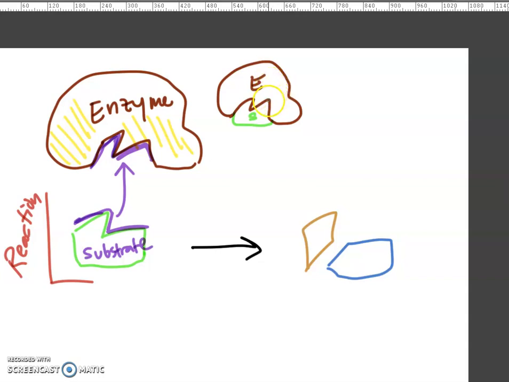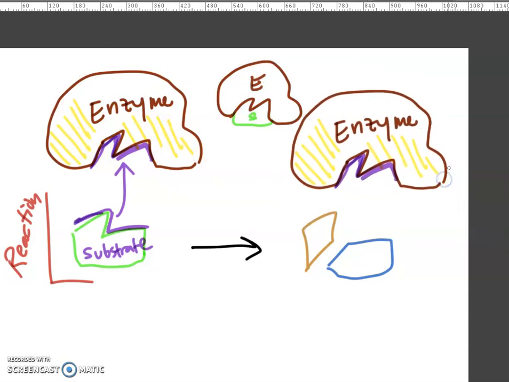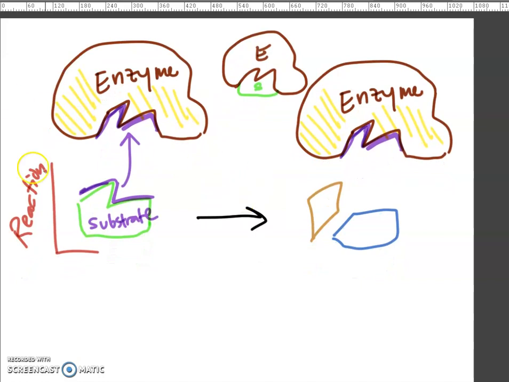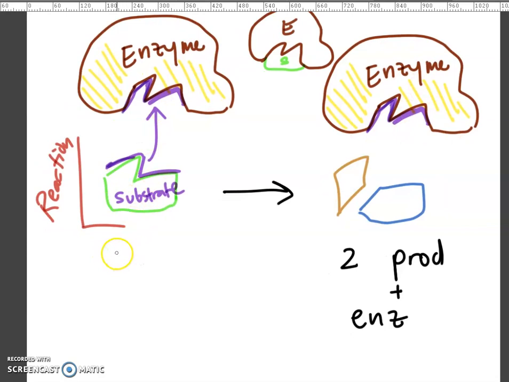And then your enzyme is going to take this and help it break up into its components, but your enzyme at the end is still going to be there. So what you'll see is at the end, you have these two products, plus your enzyme. Your enzyme didn't go anywhere.